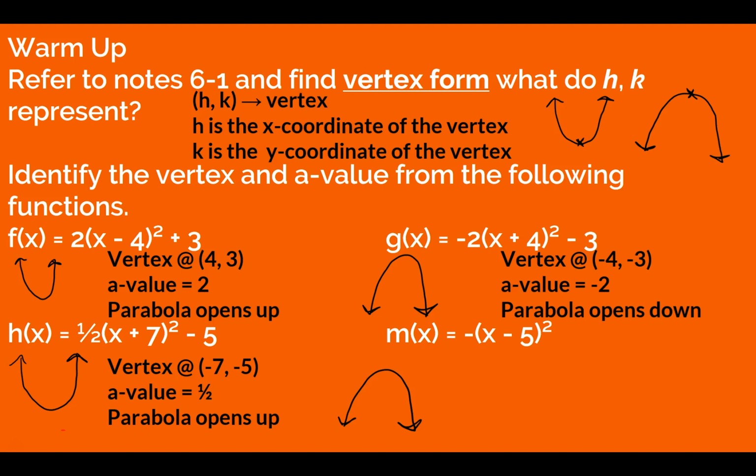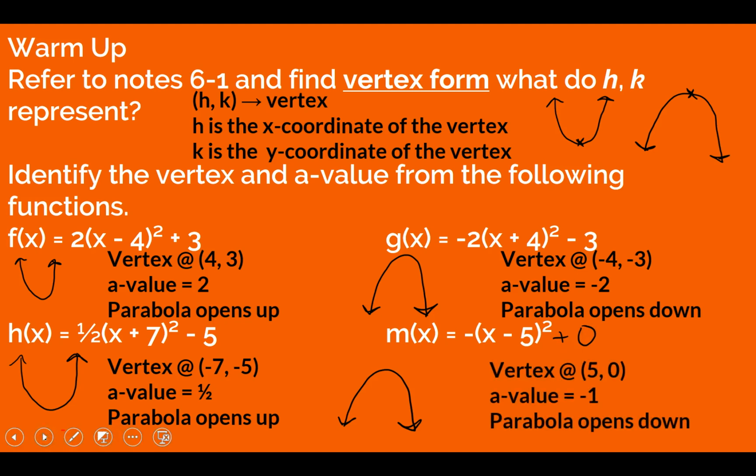What's going to be my k? 0. There's nothing there. There's nothing being added. So what's my k? 0. So we have an h of 5, a k of 0. So all those vertexes are showing you where these maximum or minimum points are.